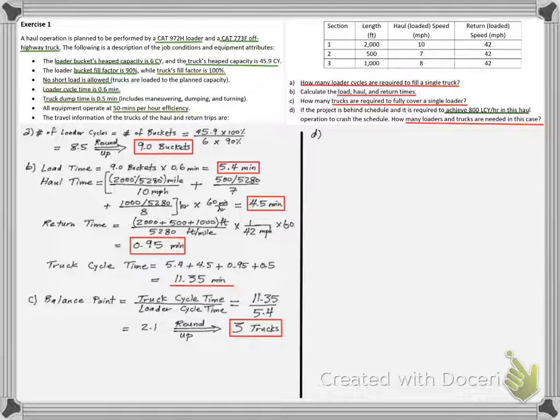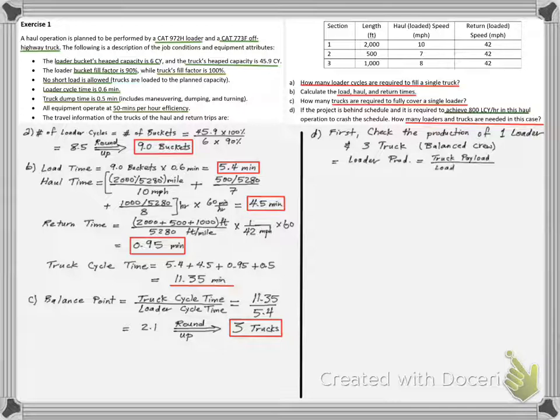In part D, we need to determine the crew size needed to achieve 800 loose cubic yards per hour. We need first to check if the crew we balanced before of 1 loader and 3 trucks will be able to achieve this production rate.